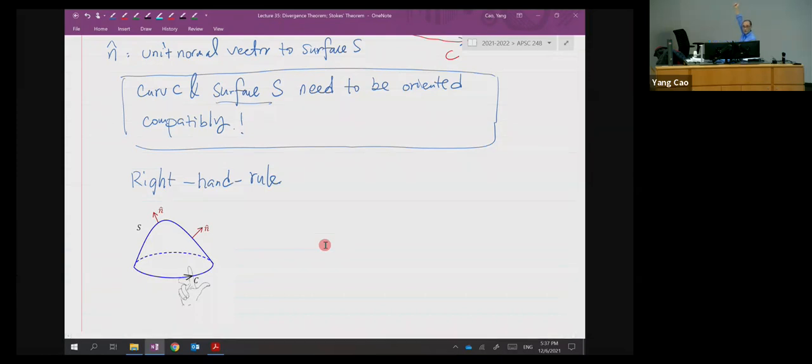Then your index finger: this is where you need a little imagination. Try to imagine it is tangent to the surface S. And then your middle finger will be the n hat direction. Is that good?